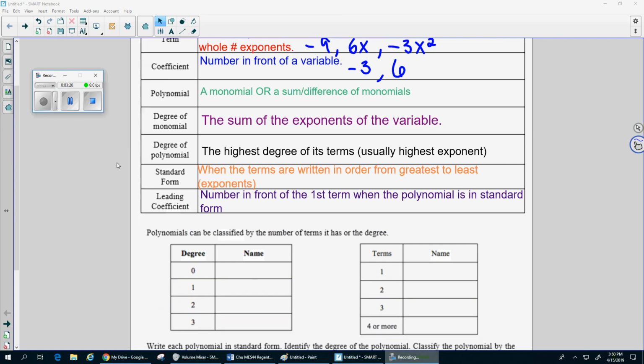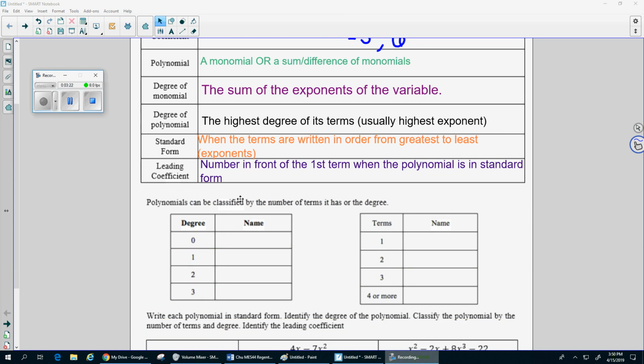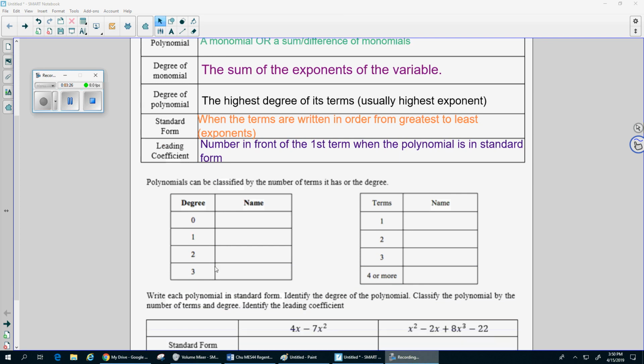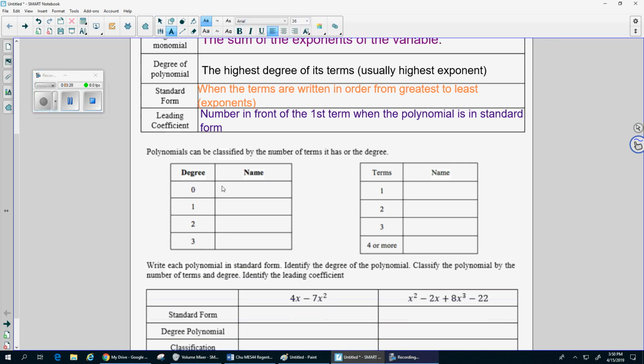Okay, let's continue defining our terms. Polynomials can be classified by the number of terms it has or the degree. So if a polynomial has a degree of 0, we call that a constant, meaning it has an exponent of 0. Okay, that's just a constant or it's just a number.